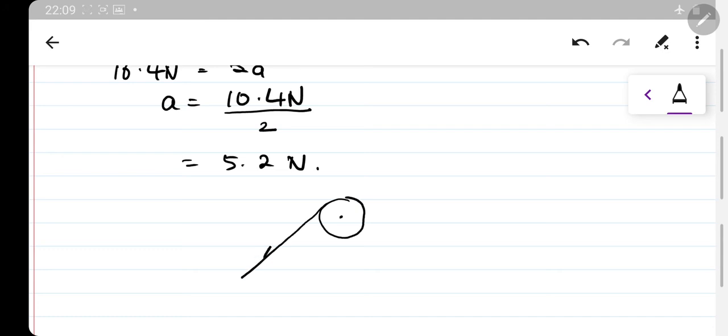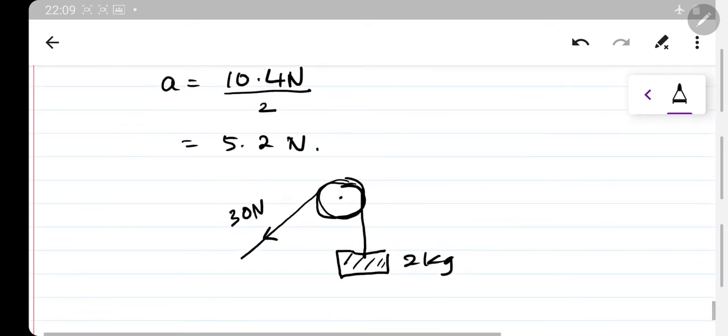This one is 30 Newton. This is the body just now. We need to find the net force of this system, but how do we want to find it? That's what we saw just now.